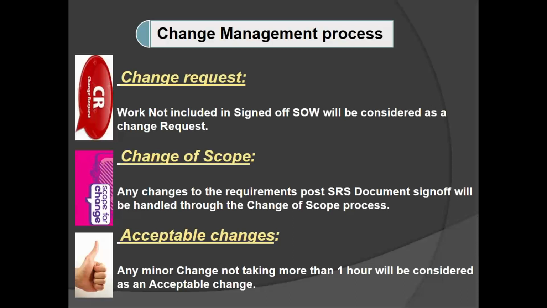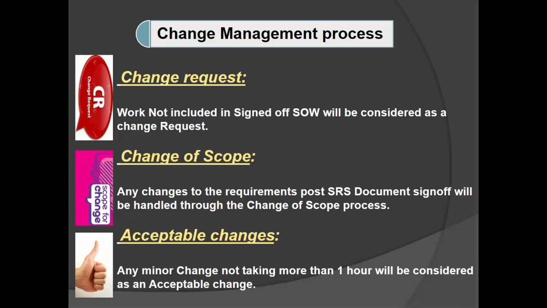That we are going to call a change request. So any work related to design and development which is not included in the signed off SOW, we are going to consider as change request.